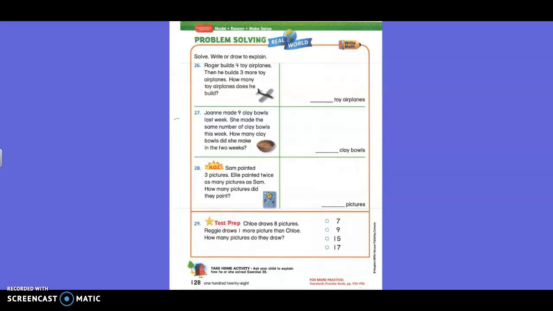Lena? Draw 4 circles. Okay, so draw 4 circles, boys and girls. And then draw 3 more. Okay, so the second sentence says he builds 3 more. More means you need to add, right? Okay, so we need to add 3 more.